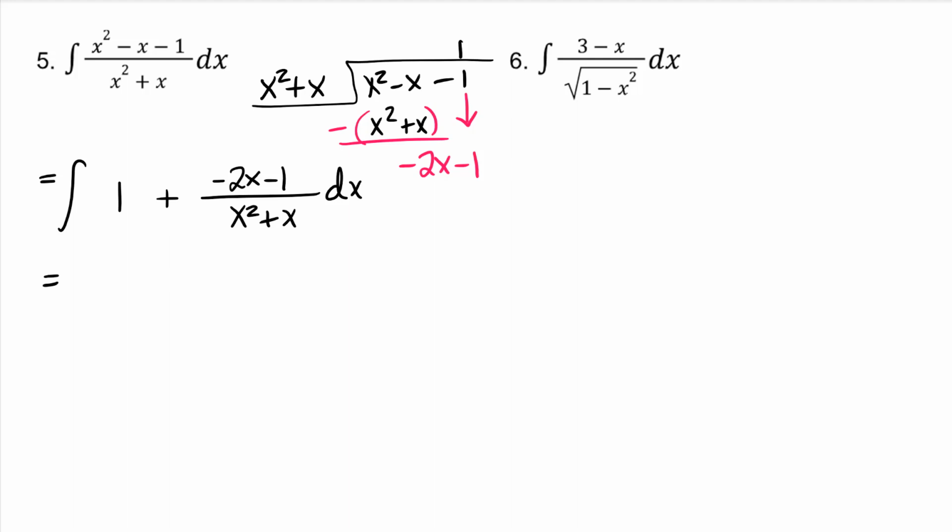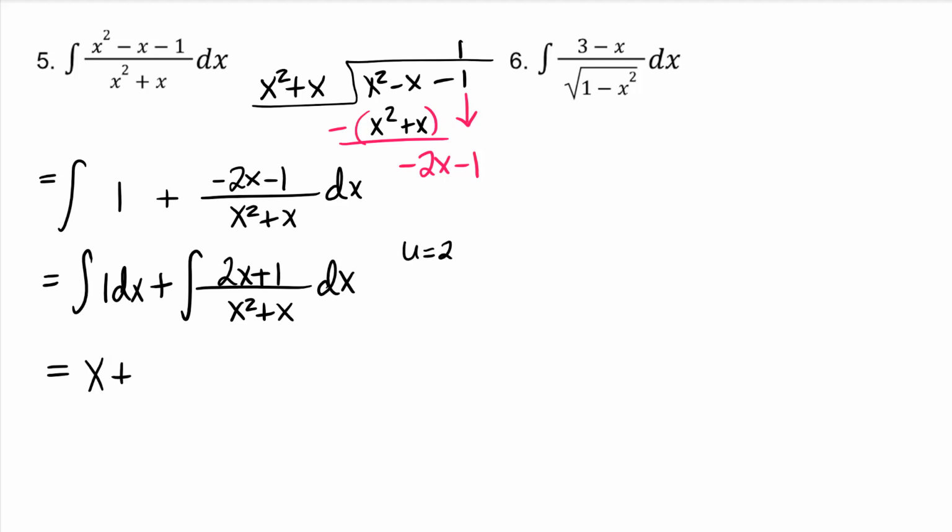In fact, our remainder's numerator has a negative in both terms, so I'm going to factor that negative out by making it minus 2x plus 1 over x squared plus x. Then I'm going to split those into 2 integrals and integrate separately.